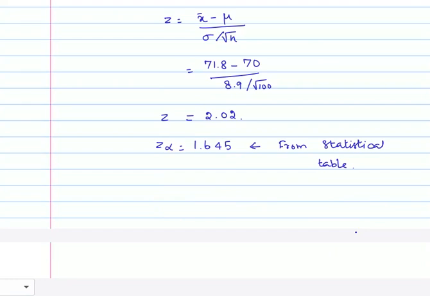So clearly Z is greater than Z alpha. What do I conclude? Z is greater than Z alpha, so we have to reject the null hypothesis.